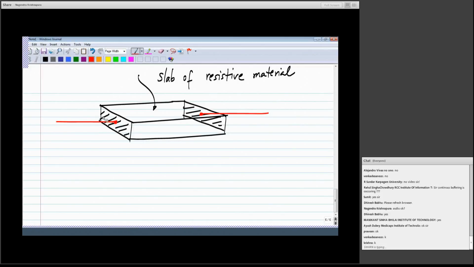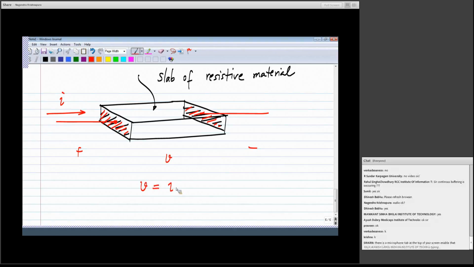Okay, and this will serve as the terminals to which you can apply either the voltage or the current. Okay, so you can apply a voltage here and you can measure the current there, and as we said earlier, V would be related to I by this relationship.